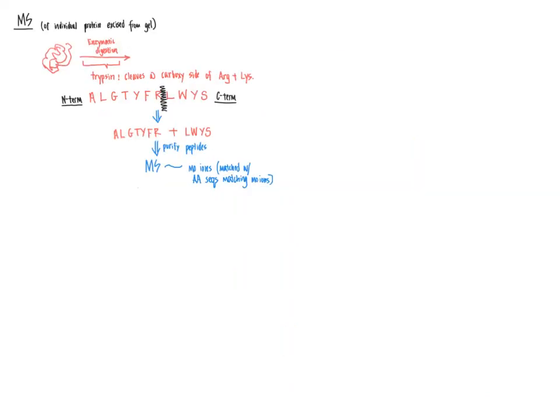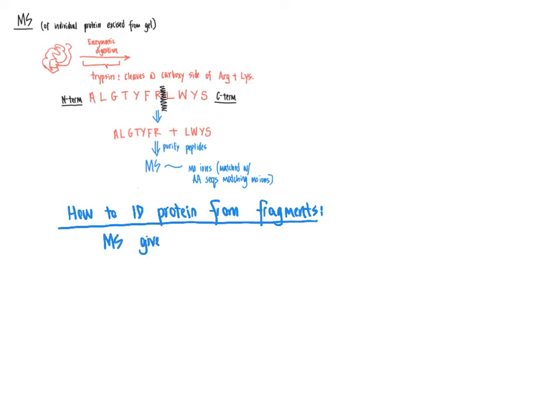So just to summarize that a bit in terms of how to actually identify a protein based on these fragments: the fragments resulted from digestion of the protein with trypsin, or whatever particular protease was used there, and the mass spec is going to give molecular ions, and some of those ions should hopefully be for peptide sequences that don't have post-translational modifications, because there aren't post-translational modifications throughout every single amino acid, only certain ones of the sequence.